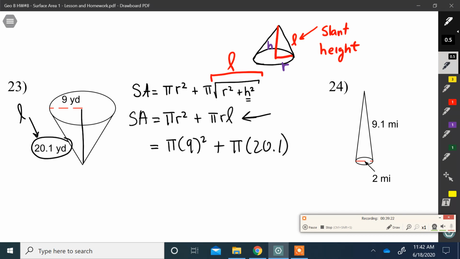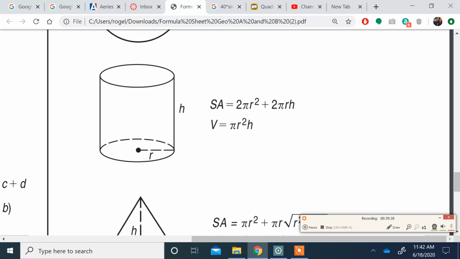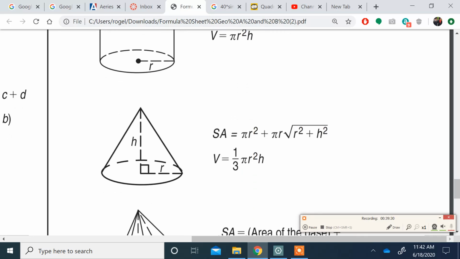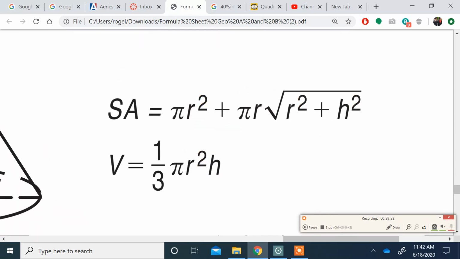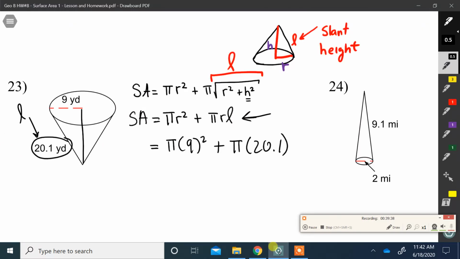I probably missed that on the, let me take a look at the formula sheet one more time. Oh, you guys see, there is the R right there. I forgot it. Okay, so the R, this right here, there was an R next to that. So that's what was making this whole thing fail.